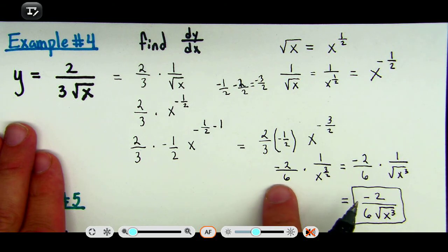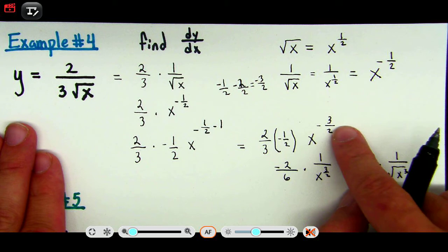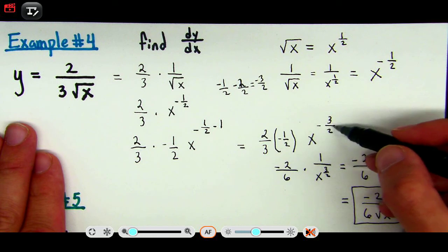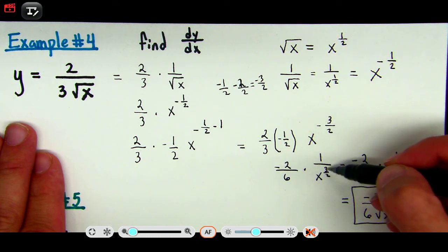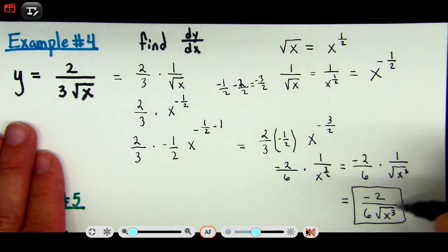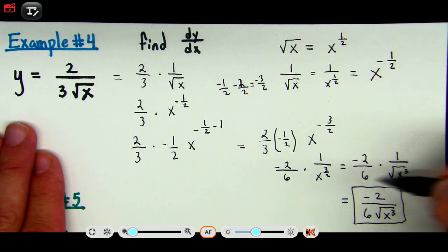And then you just have to convert this x to the negative 3 over 2 back to radical form. So this negative 3 over 2 is 1 over x to the 3 over 2. And remember, the denominator goes on the outside, the numerator goes on the inside, and then bam. Negative 2 times 1 is on top, 6 over here, and that's it.